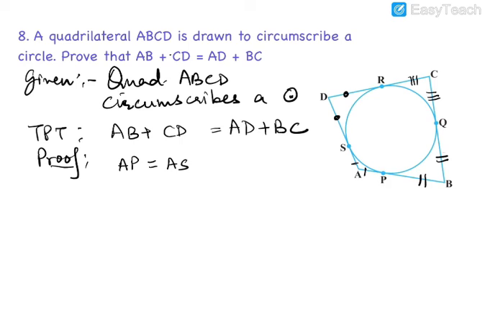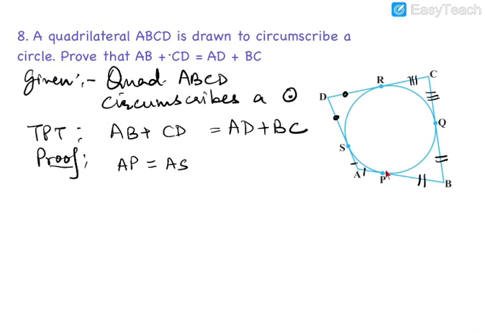Now looking at the figure, if we add BP to AP, then I will get the side AB, which is this term of what we have to prove. So we must write PB on the same side as we have written AP. So BP is equal to BQ.